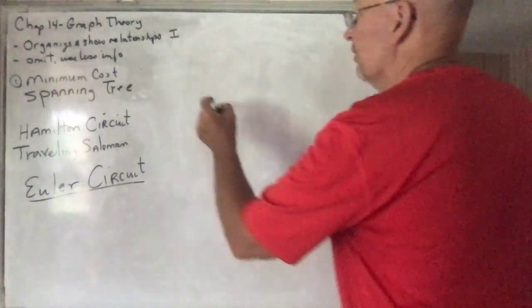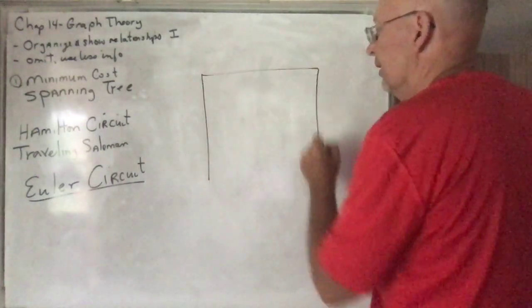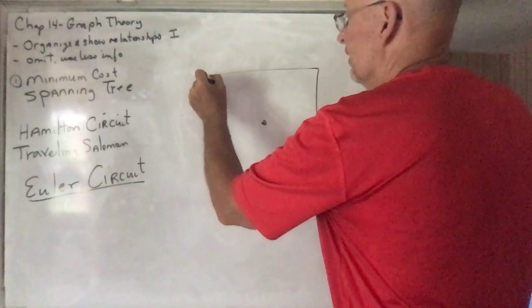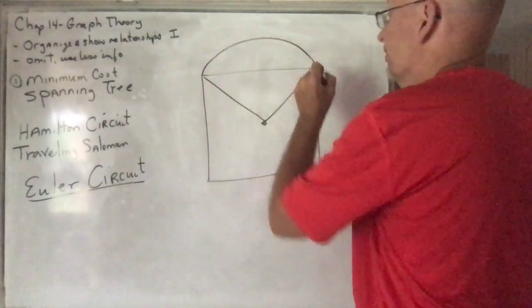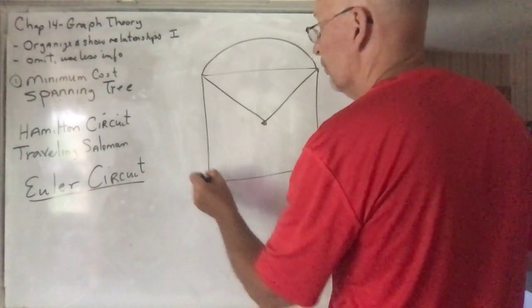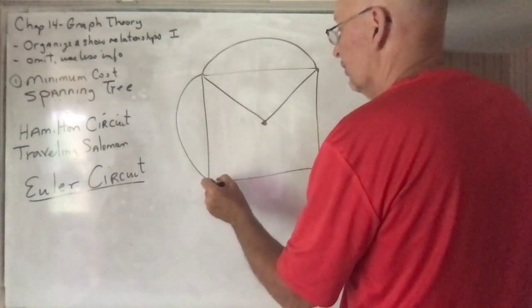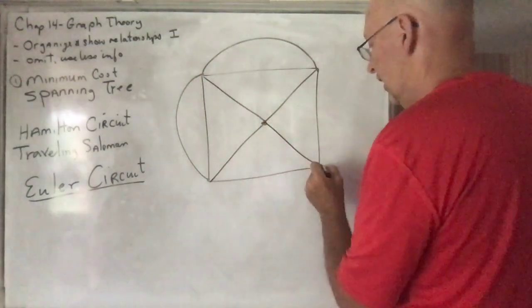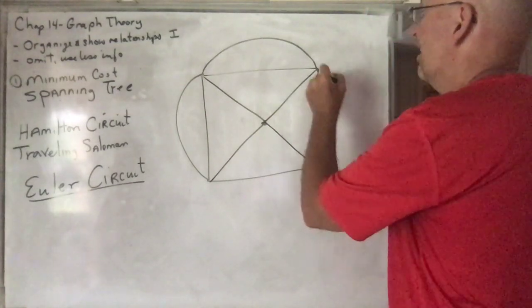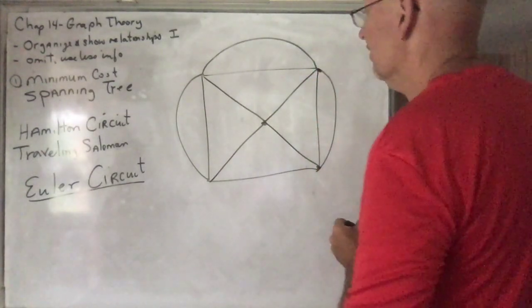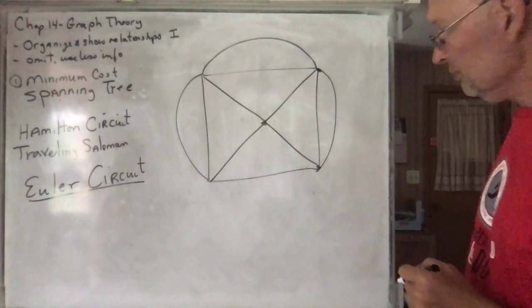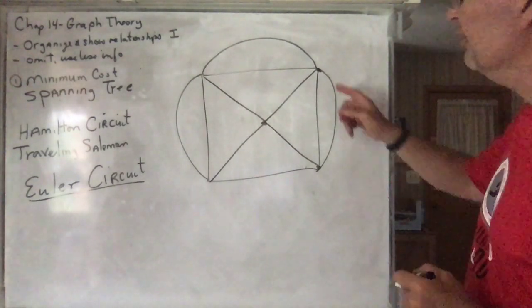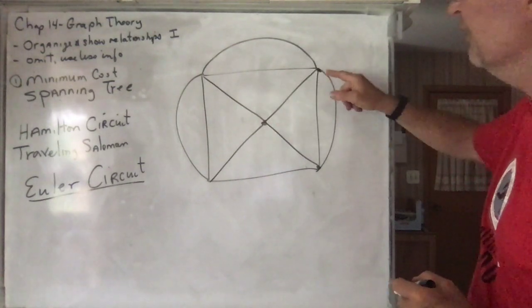So let's just go ahead and do a really complicated one. Do one like this, and do this, and we'll do this, and do that. Let's just see what this looks like, okay? So the key is you look and you say, what's the degree of each vertex?